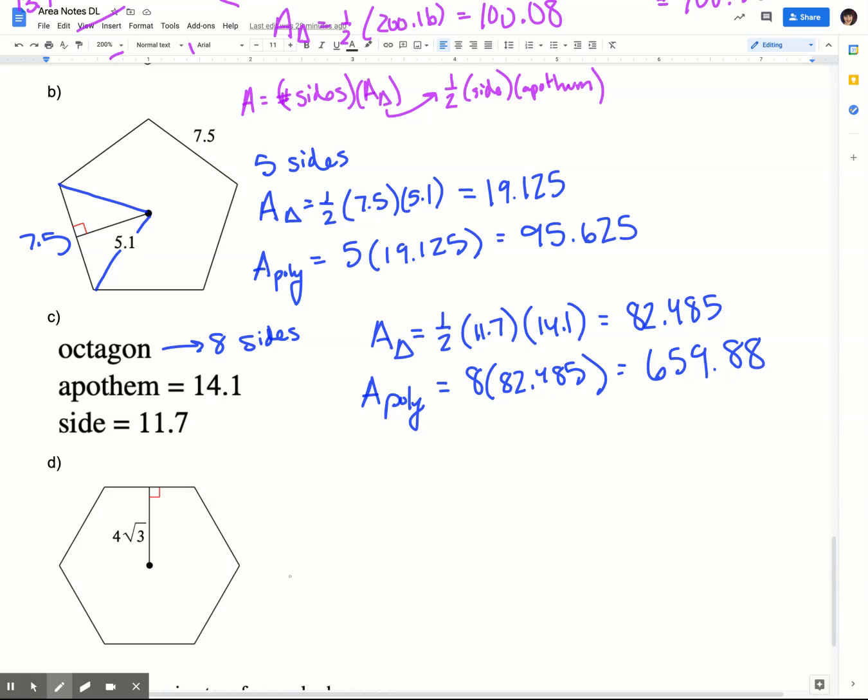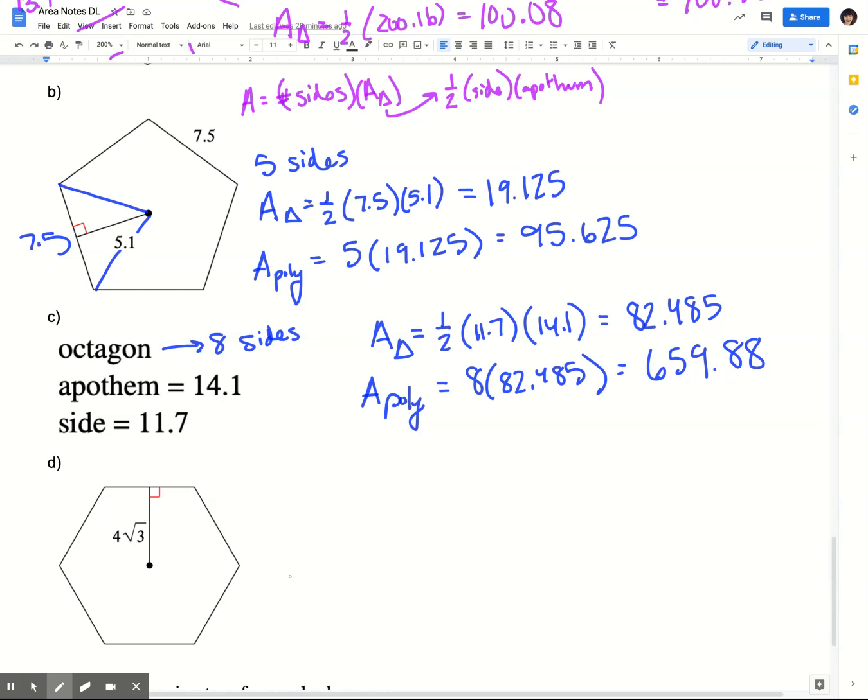Same thing on the next one. This time I didn't give you a picture, I just gave you the information. I told you we're dealing with an octagon, which has 8 sides. I told you the apothem, or the height of your imaginary isosceles triangle, is 14.1, and the side length, or the base of your imaginary isosceles triangle, is 11.7.